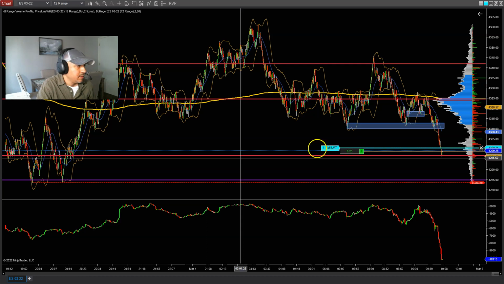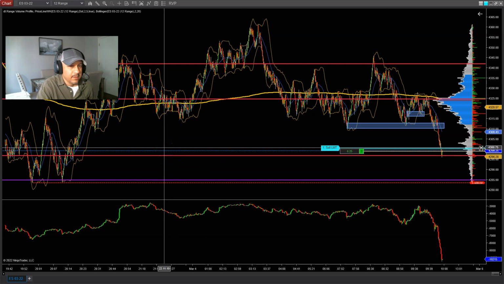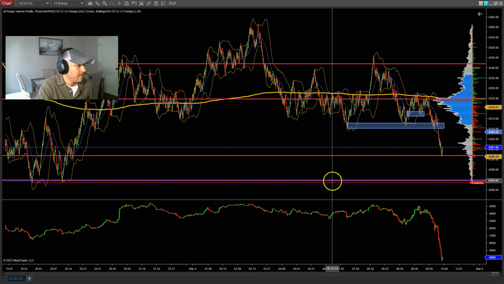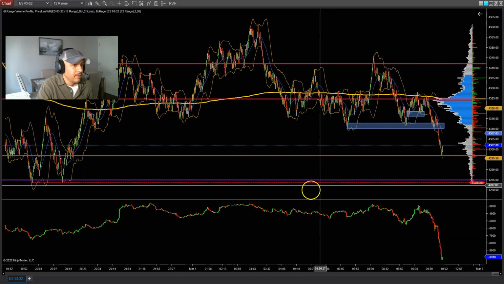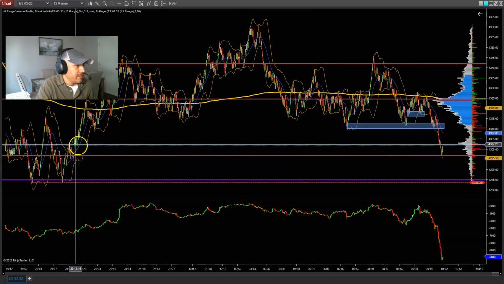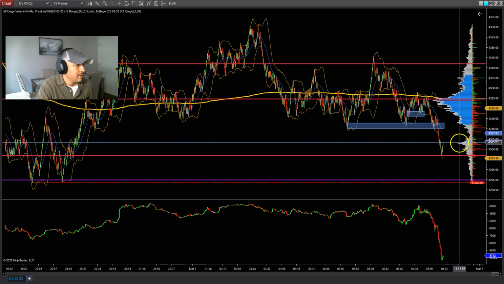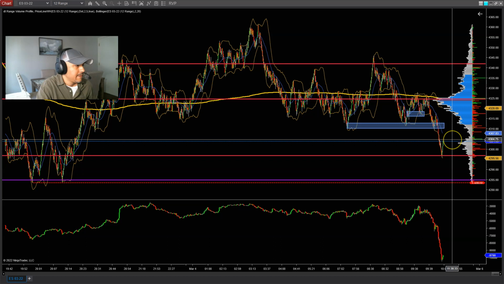Okay, I'm long. There we go. Okay, quickly long there. All right. It's going to test this area right here, this high volume node at 4303 and maybe higher. So, up there it goes.